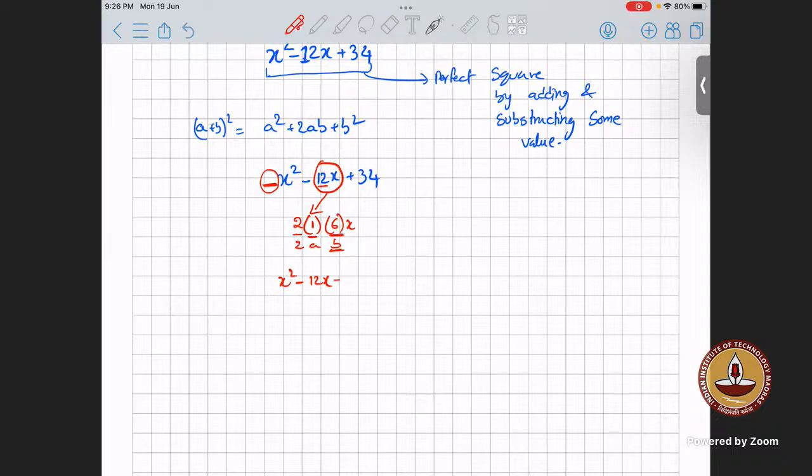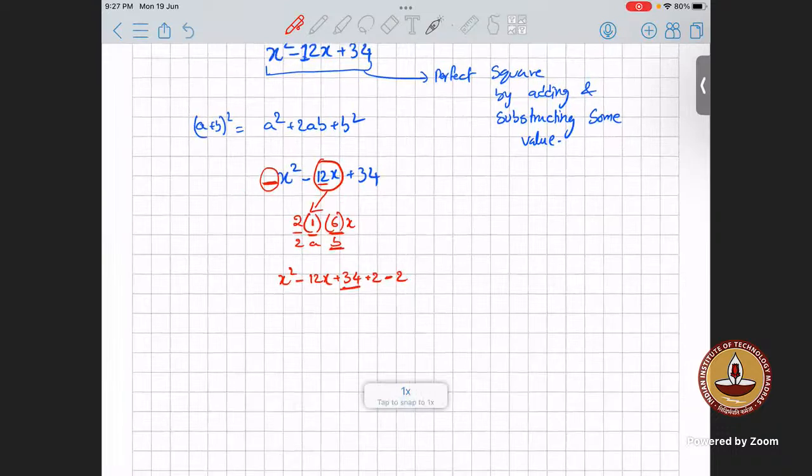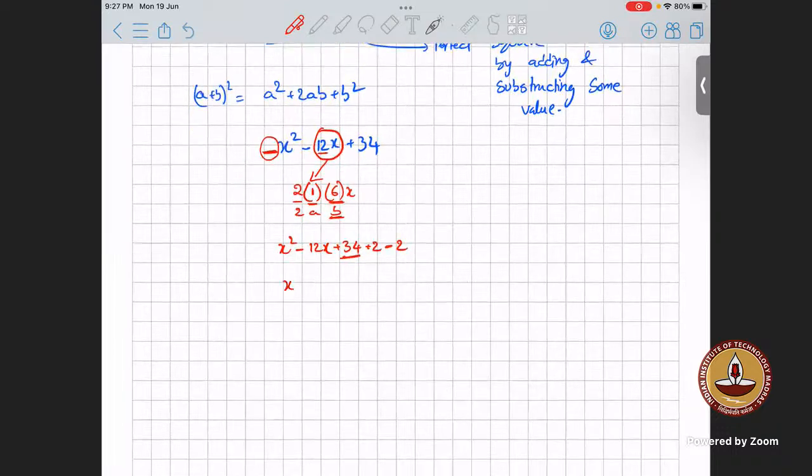So what do we have to do? We have 34. To get 6 square, we just add 2 and subtract 2. Agree? So x square minus 12x plus 36 minus 2 equals 0.